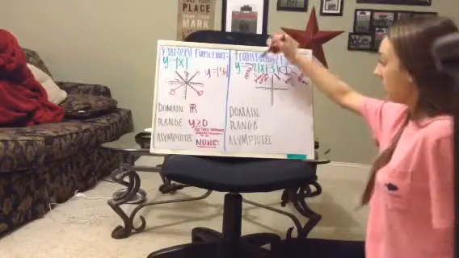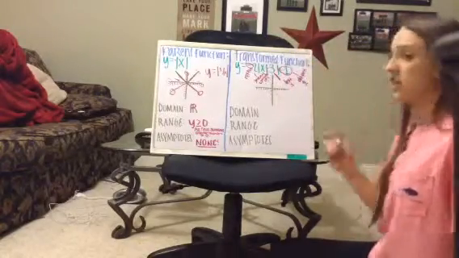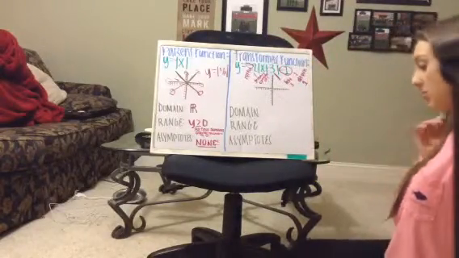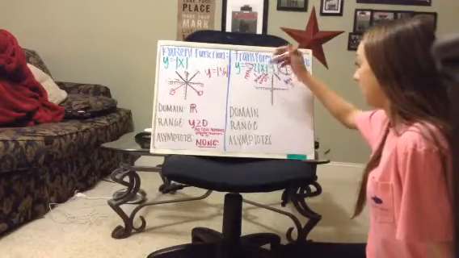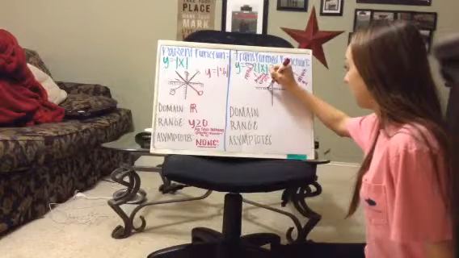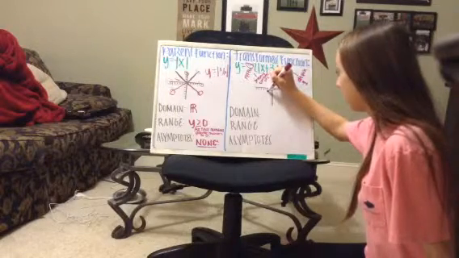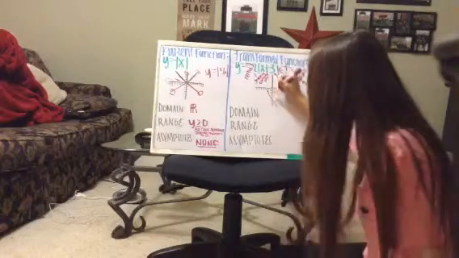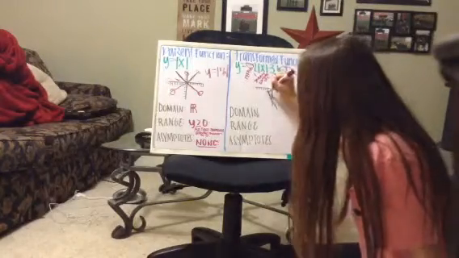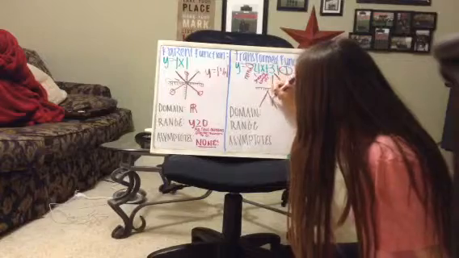Then you have to stretch or compress it, which I usually wait to do until the very end, until I move it. You move it left 3, so 1, 2, 3. That will be my center point, and then down 1. So my graph is right here, and I'm going to compress it, which makes it a little bit skinnier and longer.